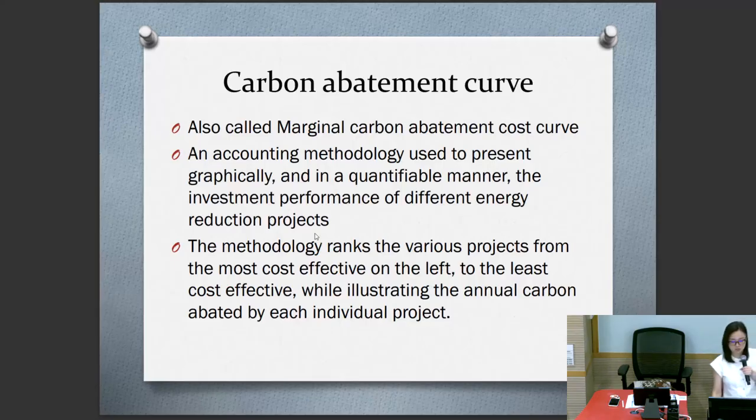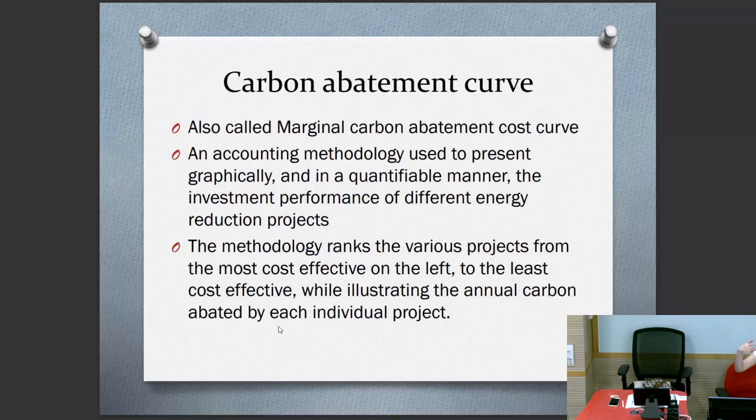The methodology ranks the various projects from the most cost-effective on the left-hand side to the least cost-effective on the right-hand side, while illustrating the annual carbon abatement, or we say annual carbon reduction, by each individual project.